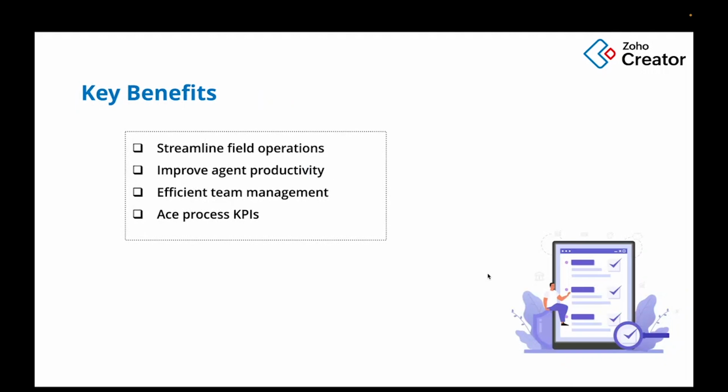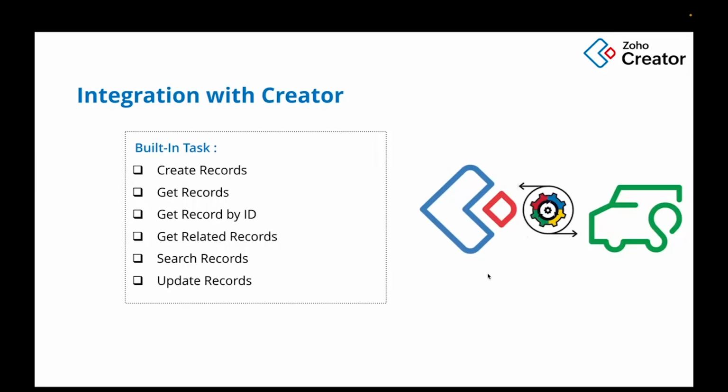If we talk about the key benefits of using Zoho FSM, it helps in streamlining field operations, improving agent productivity and efficient team management, and it aids process KPIs. Now let's say you have built an ERP solution in Zoho Creator and you want to integrate that application with Zoho FSM to maintain the field service.